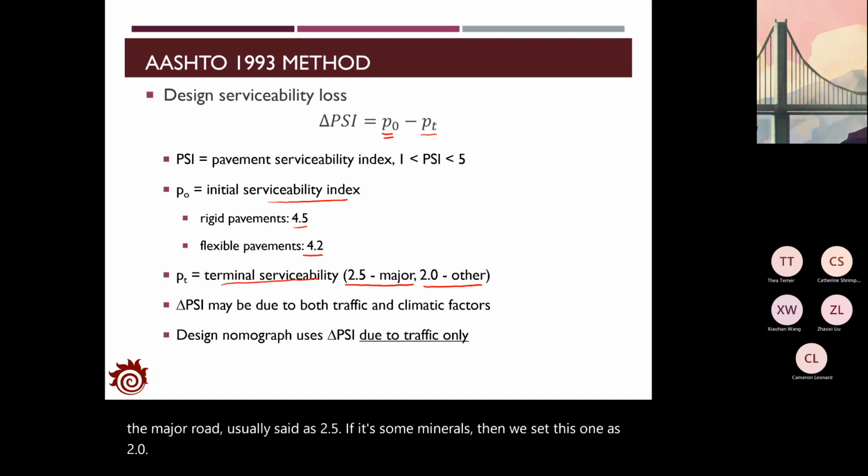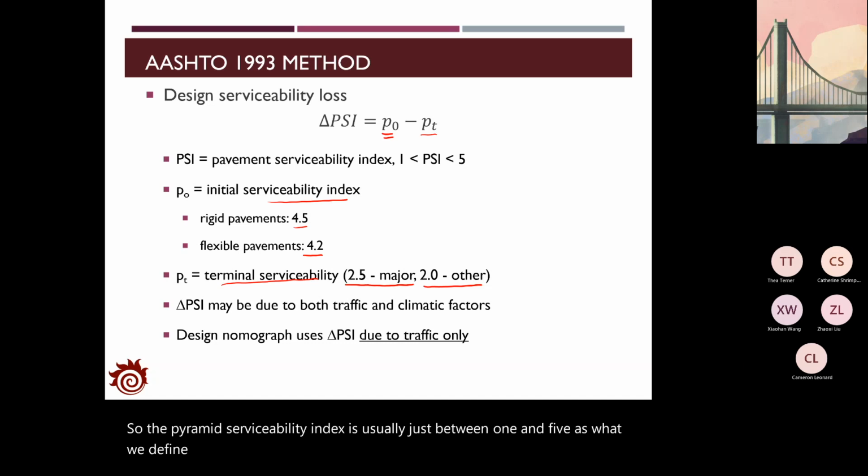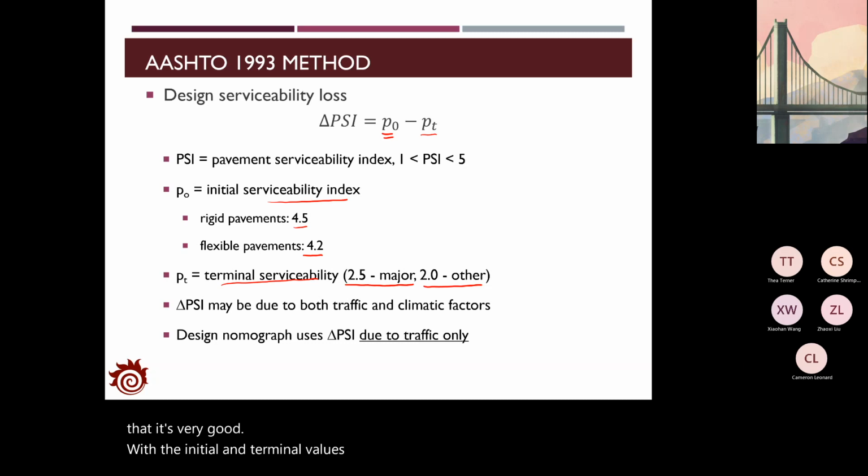So the pavement serviceability index is usually between 1 and 5, as we defined previously. 0 to 1 indicates that it's very poor, and 5 indicates that it's very good. With the initial and terminal values, we can find out the serviceability loss during the design period.